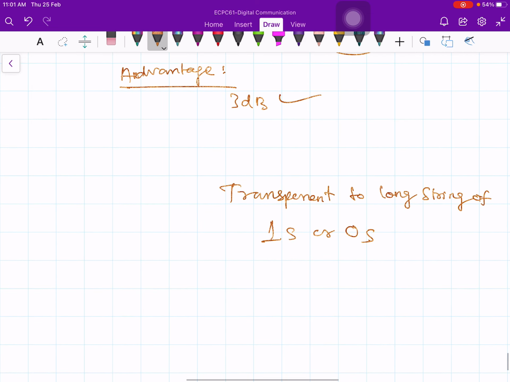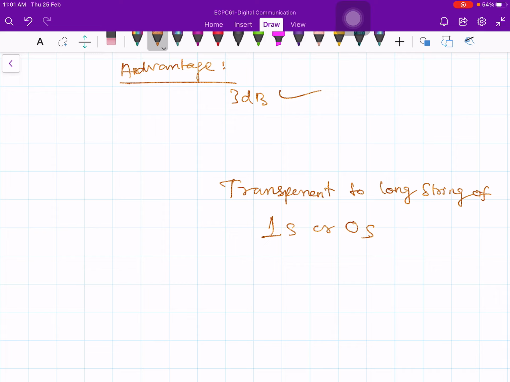No matter whether you are having 0 transmission or 1 transmission, there will always be a transition, regular transitions, because of the particular shape we have adopted in our Manchester encoding. Because of the shape of the pulse, there is guaranteed to be a transition.